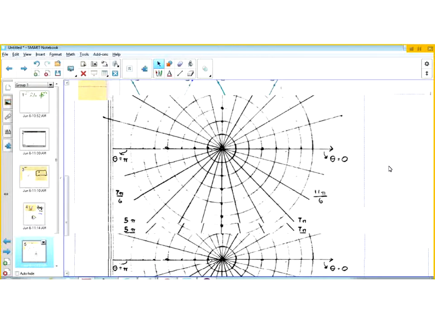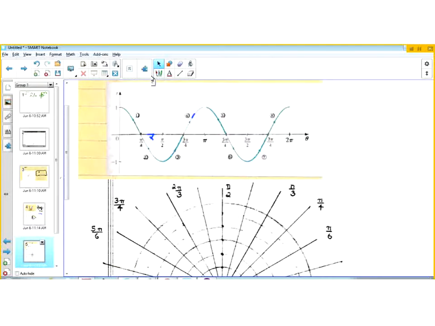So here's our polar graph paper, and we'd use essentially the same procedure from the previous example. We start off by saying, as theta ranges from 0 to pi fourth, how does the r value change? From 0 to pi fourth, we see that r ranges from 1 to 0.